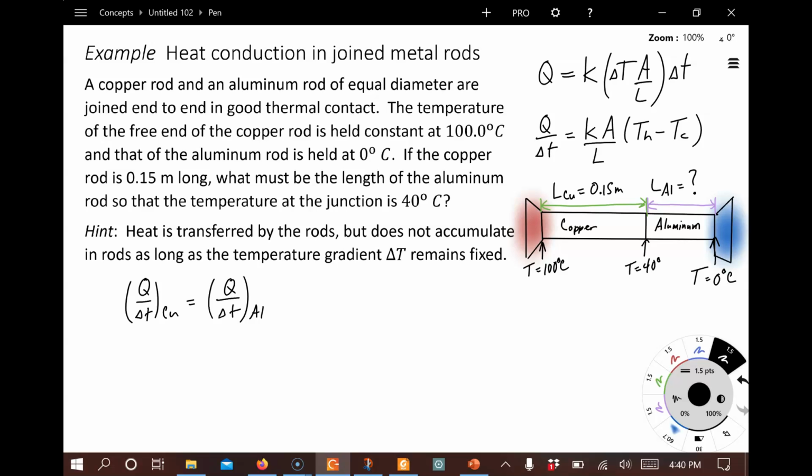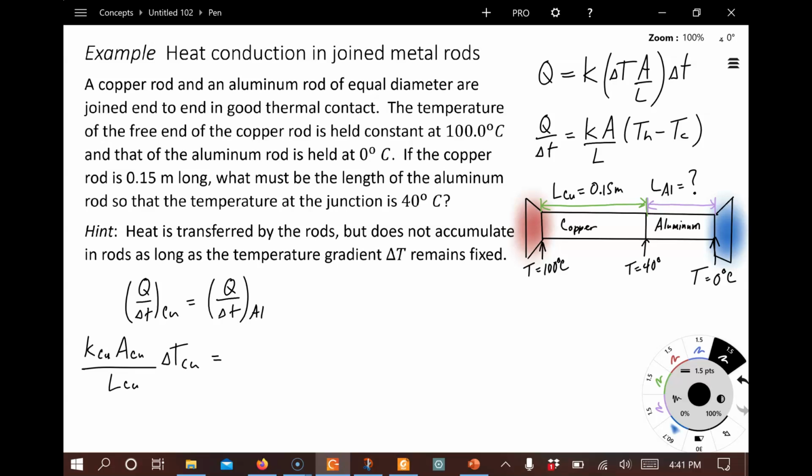And we're going to go ahead and substitute in the various variables using the equation. So we've got the thermal conductivity of the copper times the area of the copper rod divided by the length of the copper rod, and that's all multiplied by delta T, hot minus cold, for the copper.